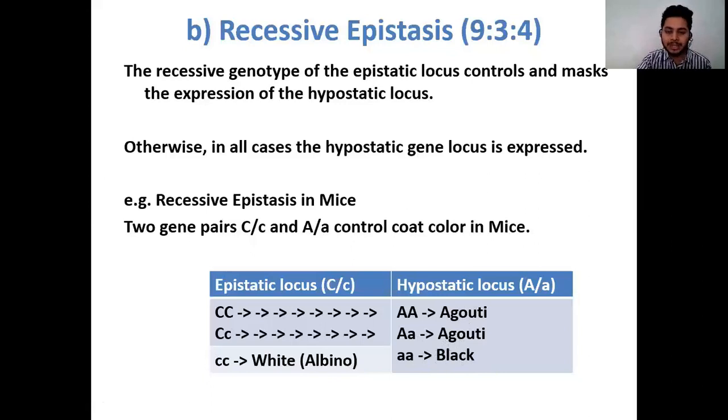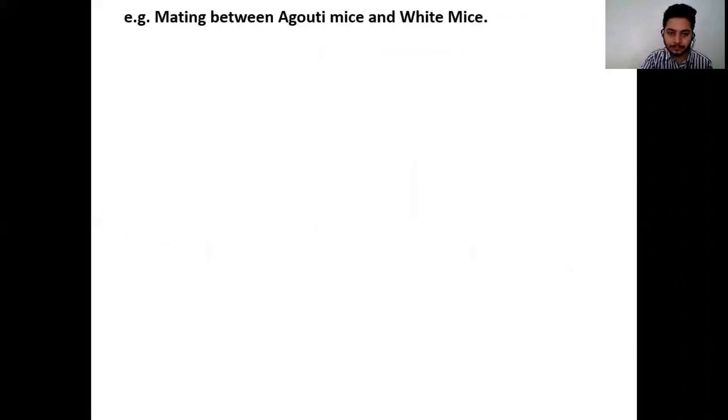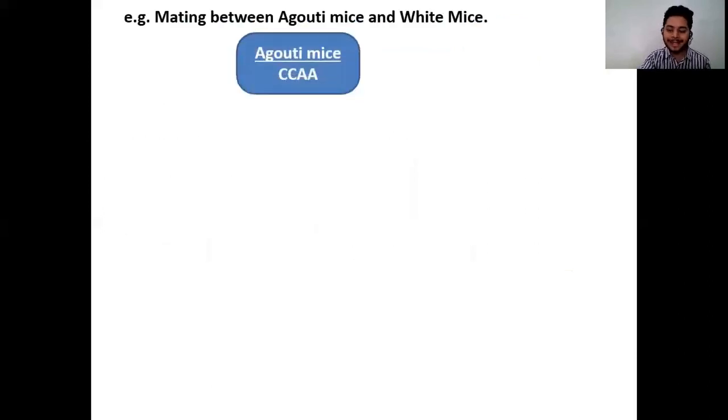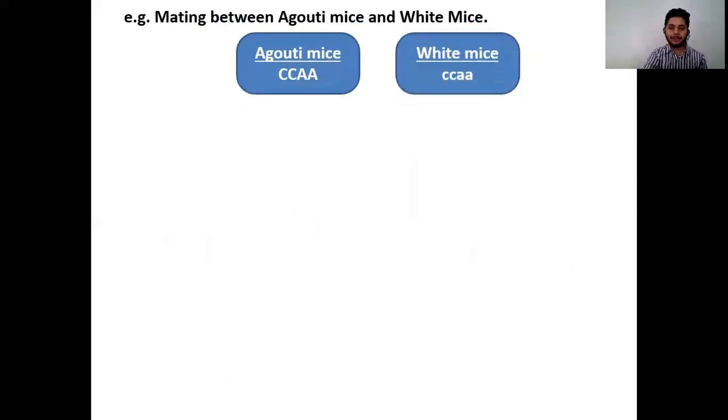Let us see if two such mice are crossed with each other. Here the mating is going to take place between an agouti mice and a white mice. The agouti mice has the genotype capital C, capital A. Since capital C is present at the epistatic locus, the hypostatic locus is allowed to express, and therefore the mice coat color is going to be agouti pale yellow.